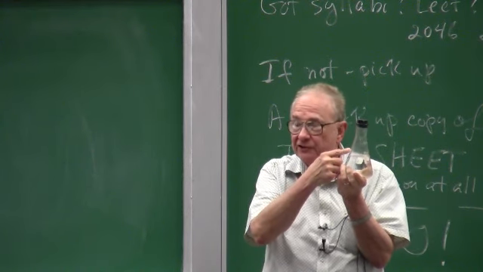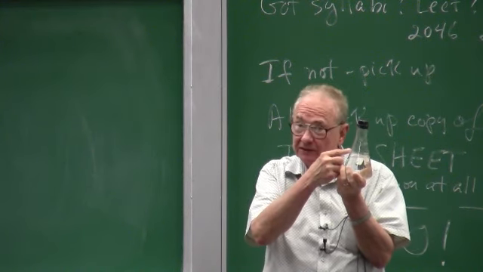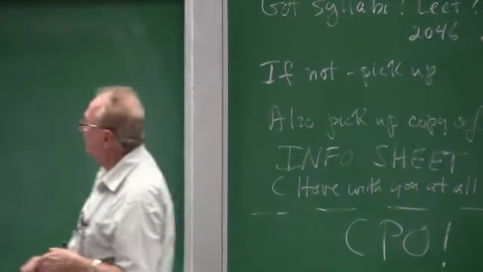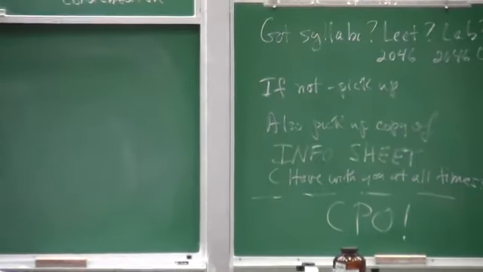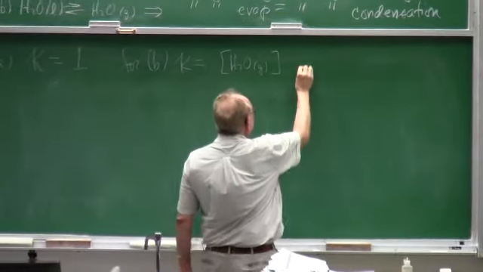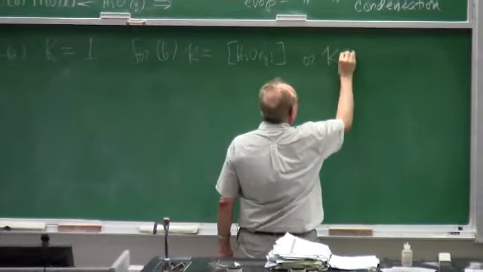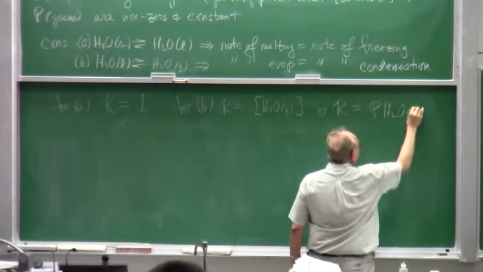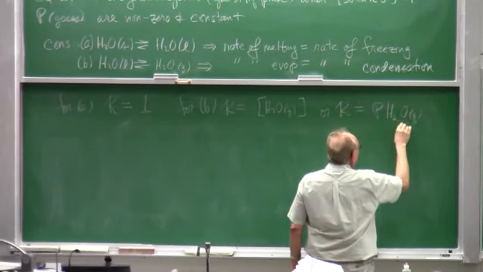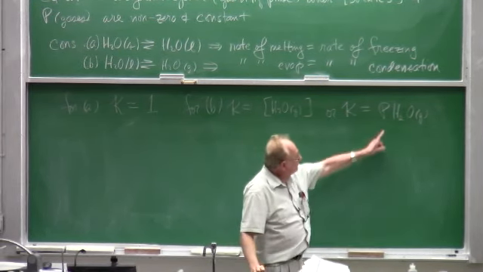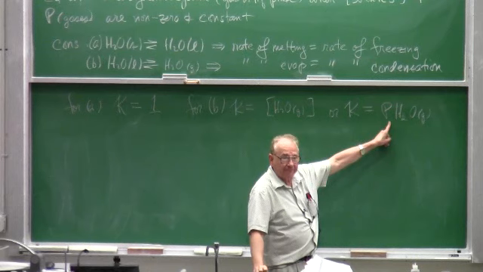But I will not have changed the amount of gas that's in the vapor phase. So, I can do this. But the better way to do it is this. Now, from a practical standpoint, let's see if you can recognize why this is the better way to write this K.